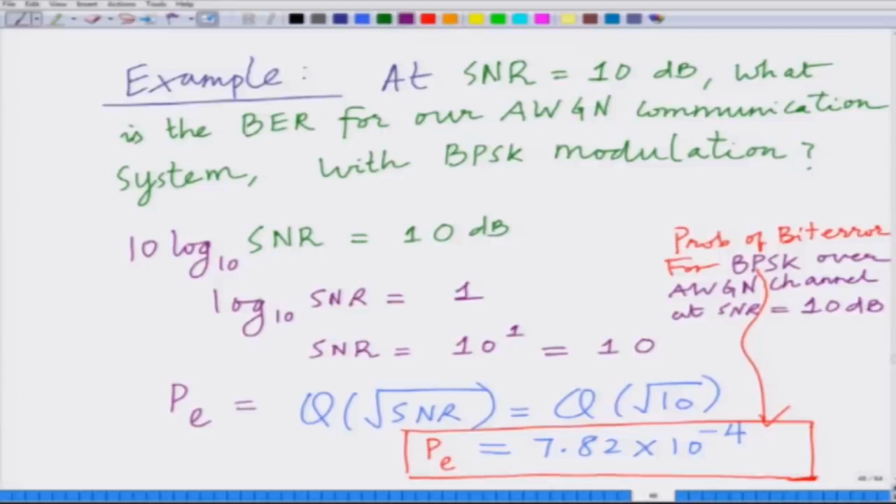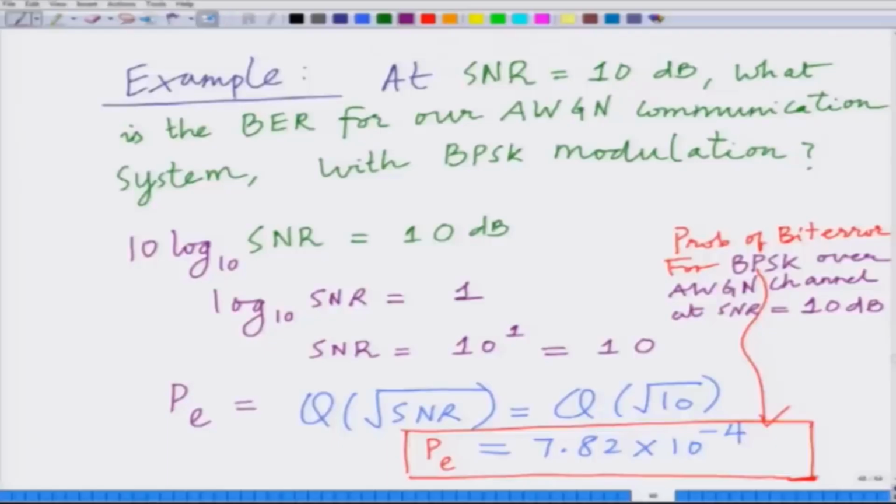And as we have said, there is no closed form expression for this Q function, and therefore, this has to be evaluated using some software or online tables that are available for this Q function, and this gives us the value of 7.82 times 10 power minus 4, which is the bit error rate.